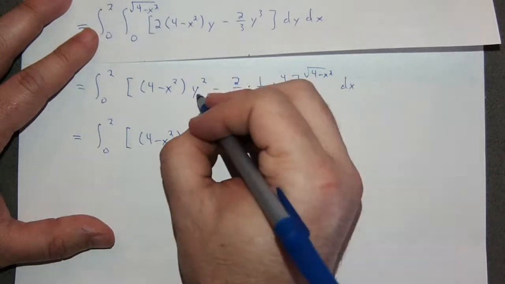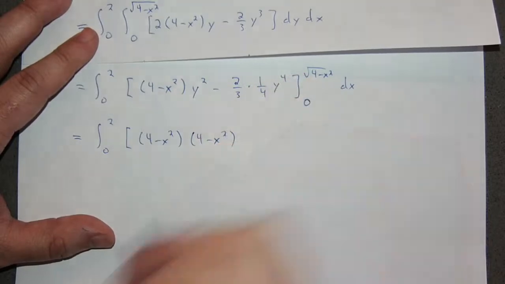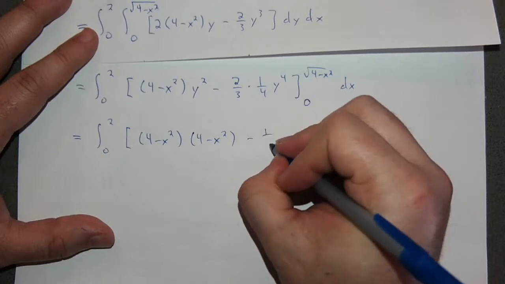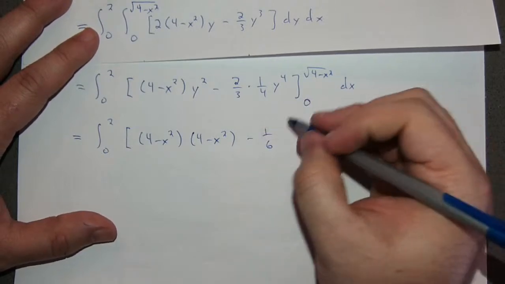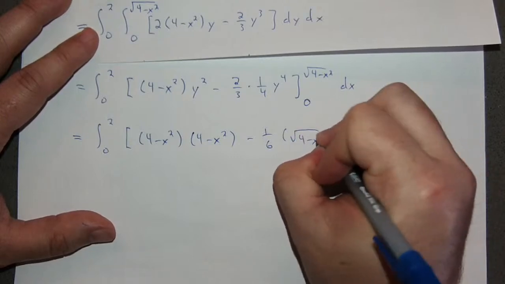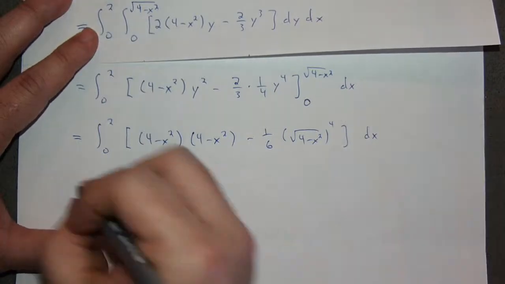Root 4 minus x squared squared is 4 minus x squared. Minus 2 over 12 or 1 over 6. So this is 1/6 times the root 4 minus x squared to the 4th dx.